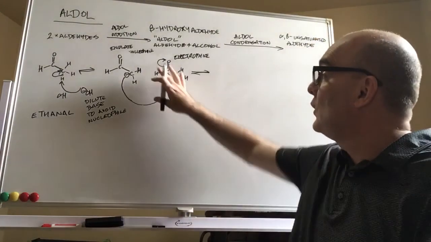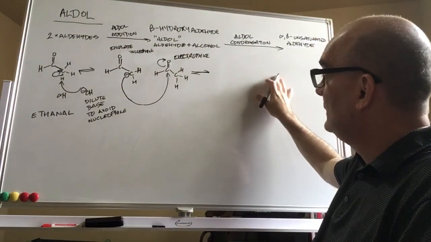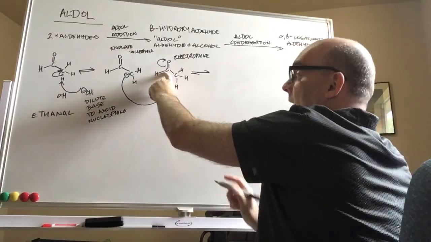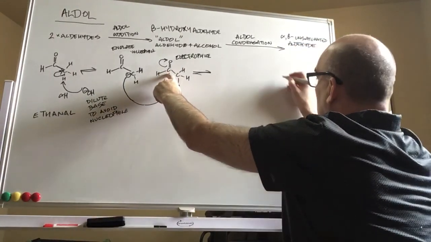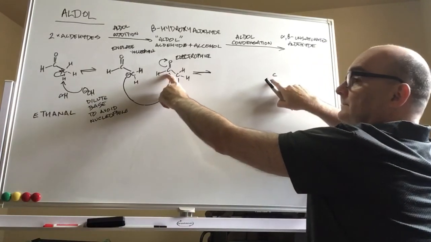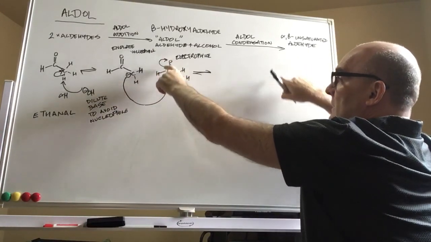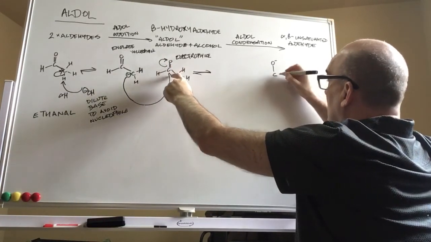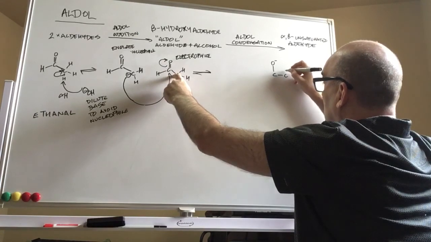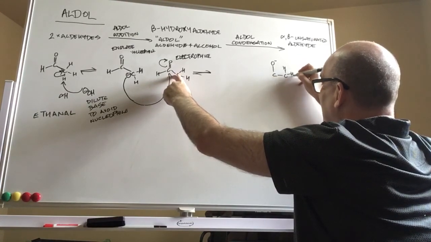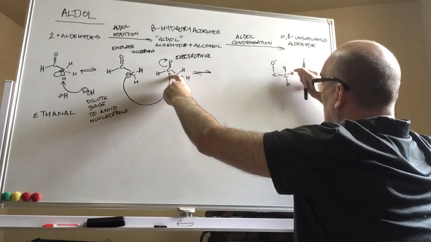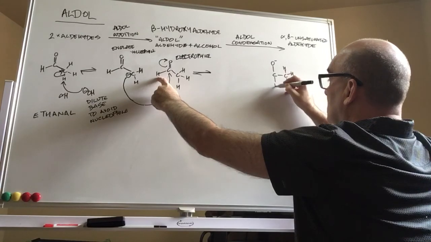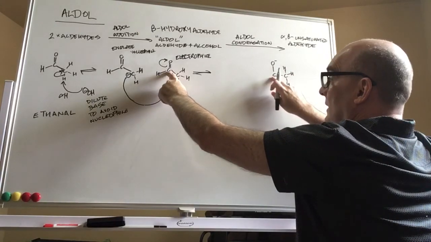So whatever's going on in the product of this step, I know that's where the reaction went to, right here. It opened up that carbonyl to an alkoxide. There is a methyl attached to it. There is also a hydrogen attached to it.